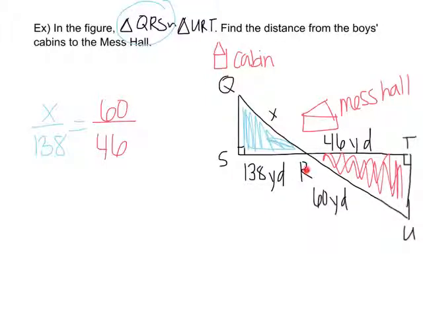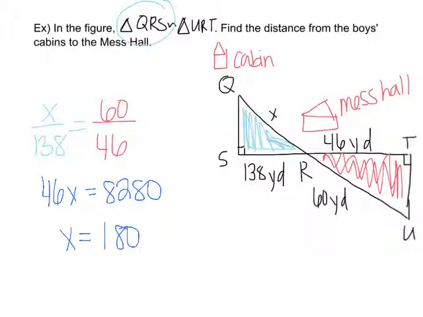And I have both of my bases set equal to each other, so I know that those are set up right. So I'm going to get that 46x equals, and 138 times 60 is 8,280. And when I divide by 46 on both sides, x is going to equal 180 yards.